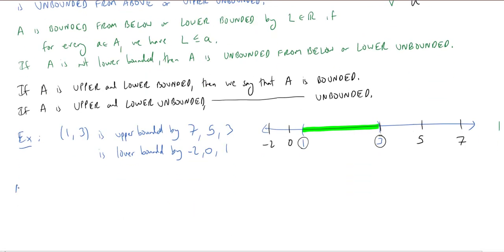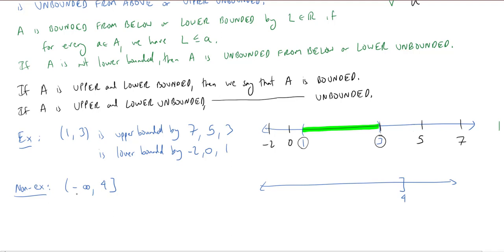Okay, let's try a non-example of boundedness. If I'm looking for an upper bound, that's okay. I'll draw my little picture here. Maybe 4 is over here, and it is a square bracket, which means I get to include 4 in the set.